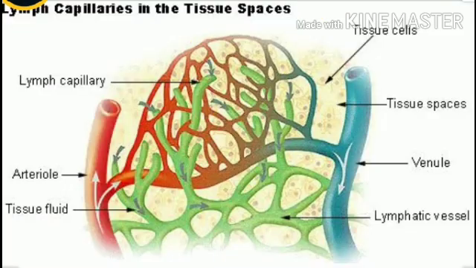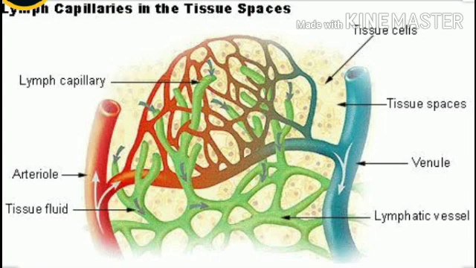Okay, what is lymph? Another name for lymph, if I say it, will be quite easy for you to understand: it is the tissue fluid or the tissue liquid. It means at the internal wall of the cell or the tissue, the fluid or the liquid that is present is called the lymph.